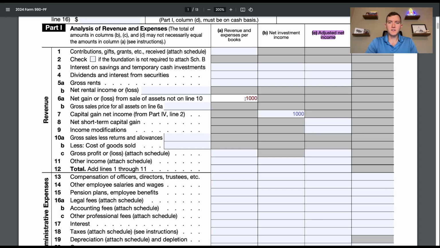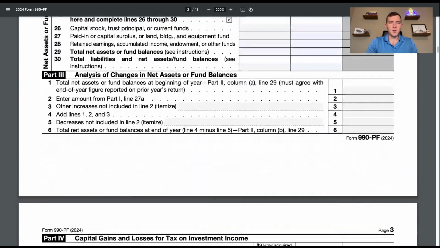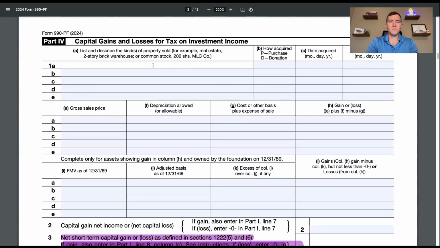The sixth mistake we see is foundations that sell an asset and have a gain or a loss. So if you're going to have something in line 6 here or line 7, that automatically triggers the fact that Part 4, capital gains and losses, needs to be filled out. So when we come down here, there should be information here, as they have like 200 shares of MLC Co. that would be listed here.